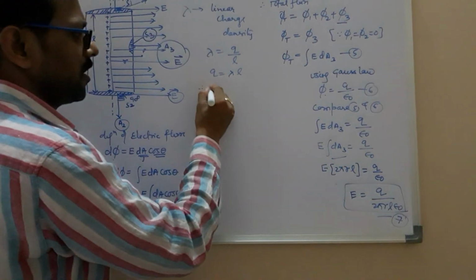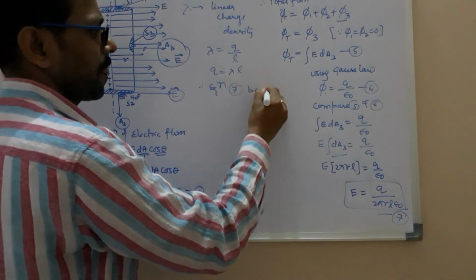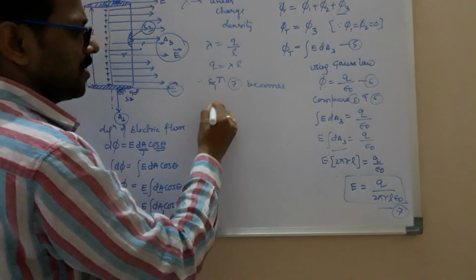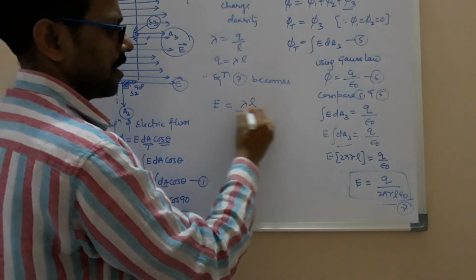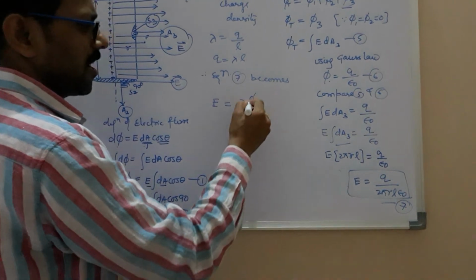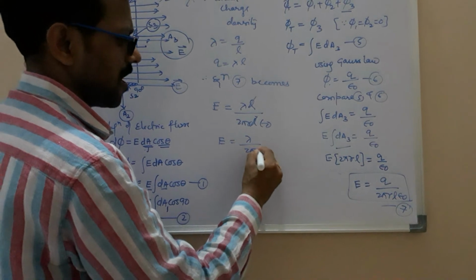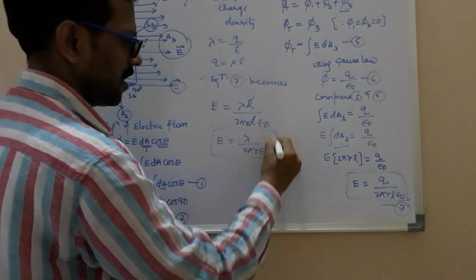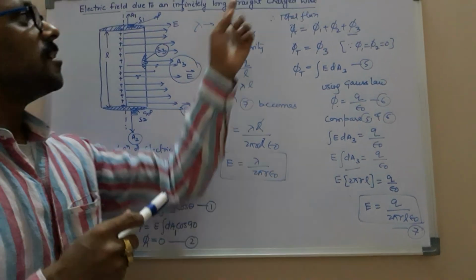So equation 7 becomes E equals lambda L upon 2 pi r L epsilon naught. This L gets cancelled. E equals lambda upon 2 pi r epsilon naught. This is the electric field due to an infinitely long straight charged wire.